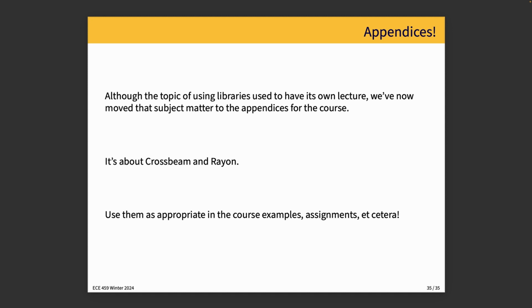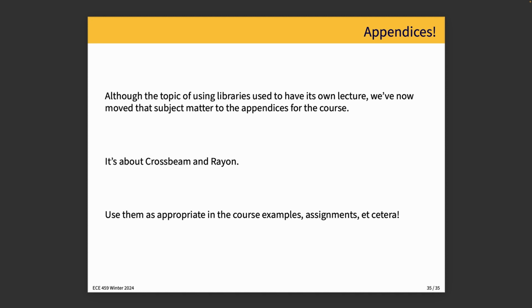I didn't delete that content. What I did is I just moved it to an appendix. So it is now referred to as Appendix C in the course, and you can find a compiled PDF for it. But you could also find, if you're looking at the notebook version of it, that it's been added to the notebook along with a couple of other appendices. Libraries like this are super useful. They're worth taking a look at.